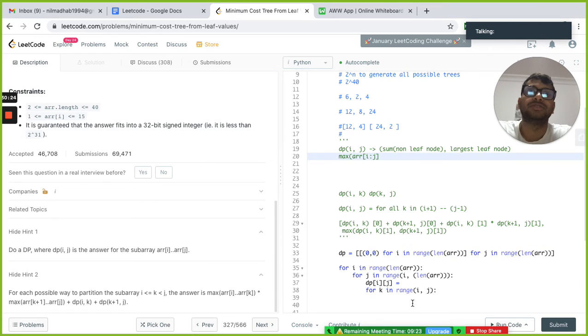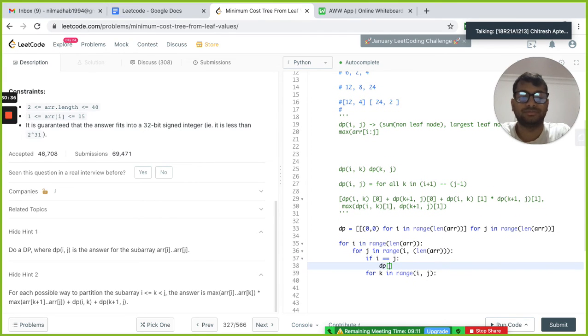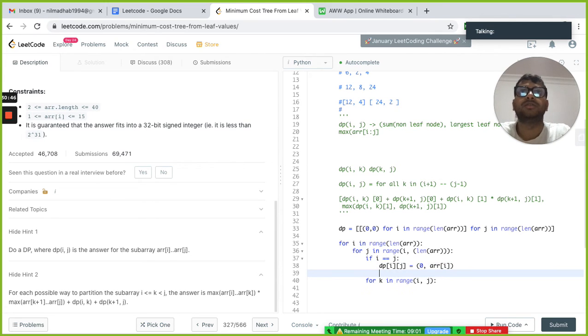So dp of ij, if i equal to j, then dp of ij equal to 0 comma ARR of i, right?